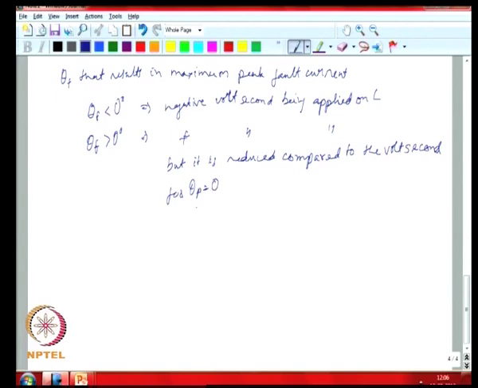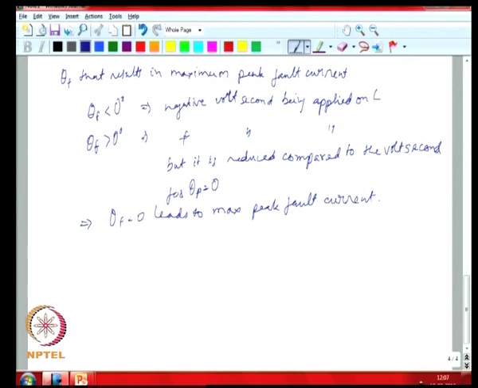In the RL circuit, the maximum value of volt second that you would apply on the inductor, because the integral of the voltage, the volt second, is proportional to the current through the inductor, would be for theta f equal to 0.